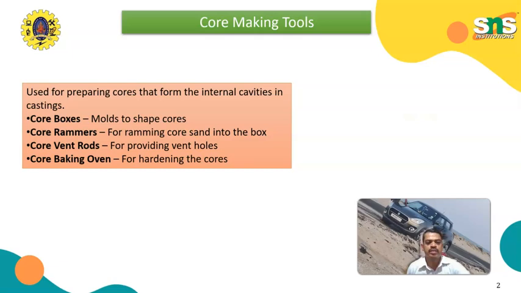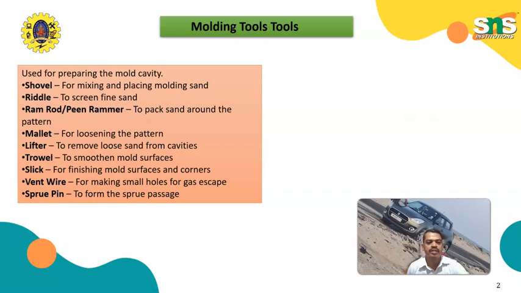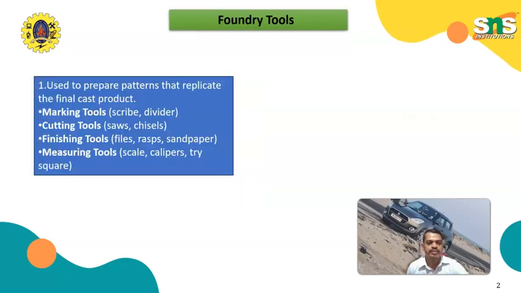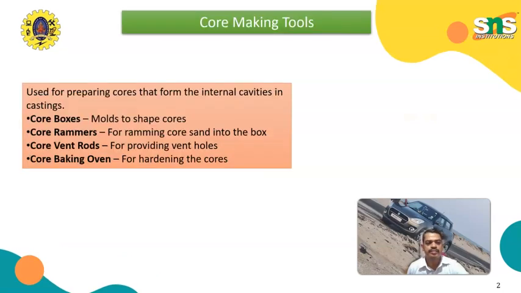Next one is the core making process. The cores are sand shapes placed inside the mold to form internal cavities in the castings.